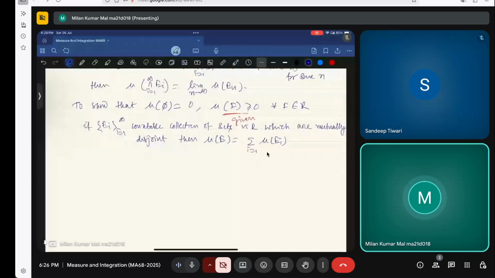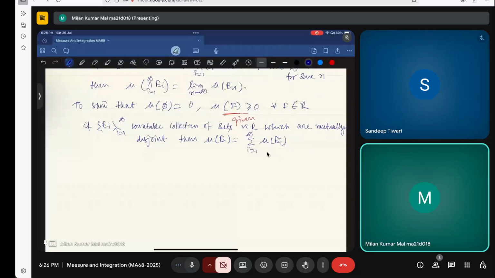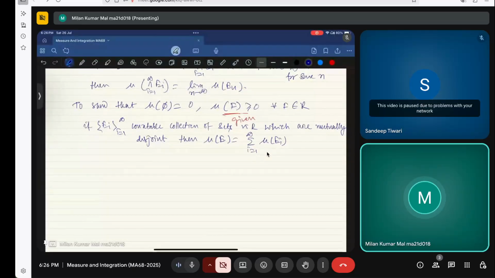This is called countable additivity, and this is what we have to show, and we don't need to show anything else.